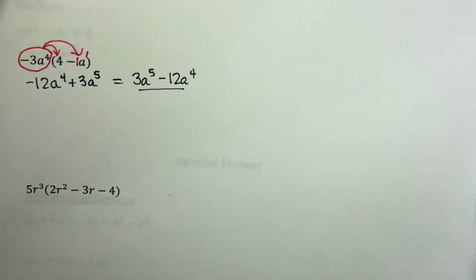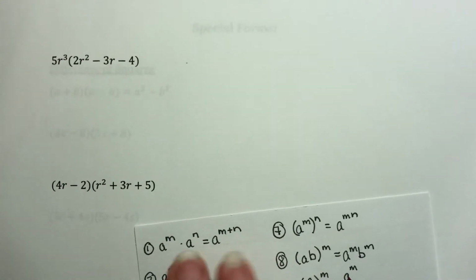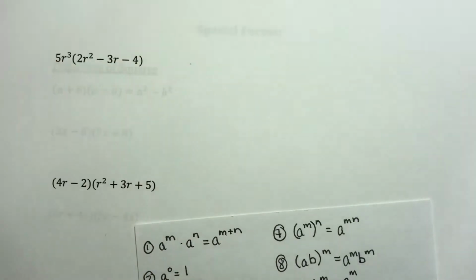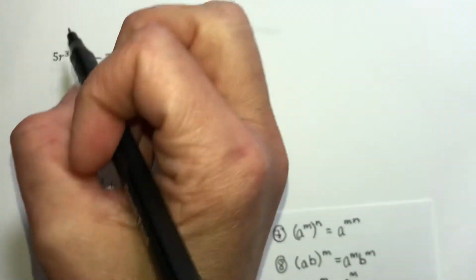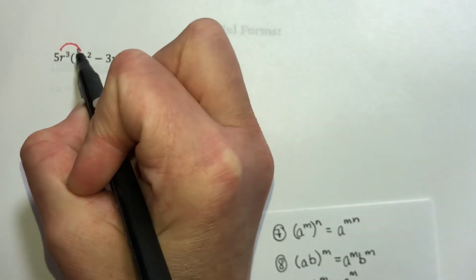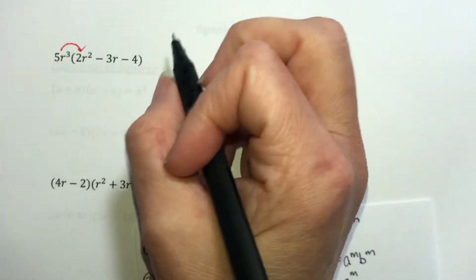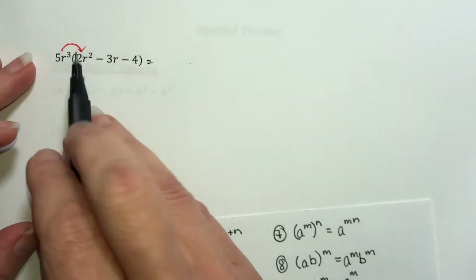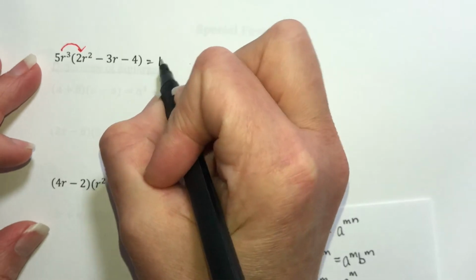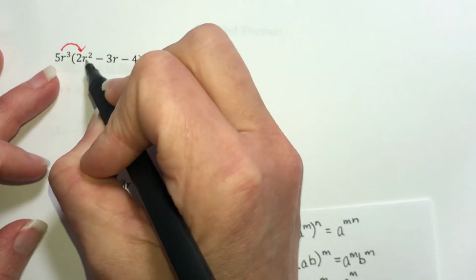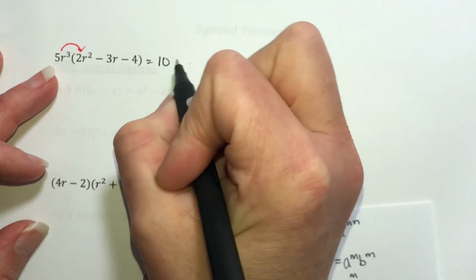Okay? So let's try this with a bigger problem. I want to distribute the 5r cubed. So first, we're going to take the 5r cubed and multiply it by 2r squared. Okay, that's going to give me 2 times 5 is 10. R cubed times r squared, add those exponents, you're going to get r to the 5th.